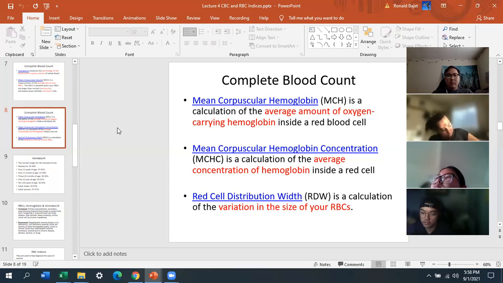If you see a lot of variation in size, that's aniso. So a high RDW is a measurement of a specimen that has a high amount of variation in the size of the red blood cells. Okay, high aniso, high variation in size, high RDW.